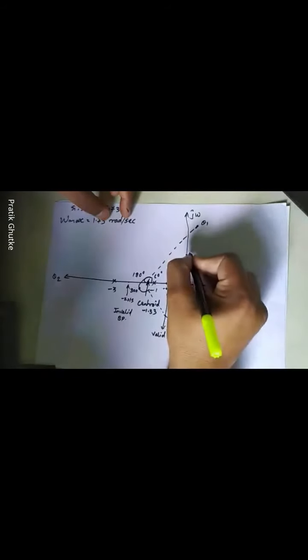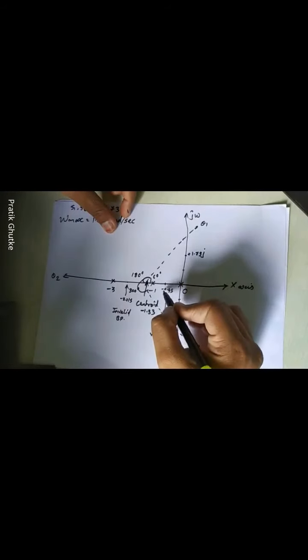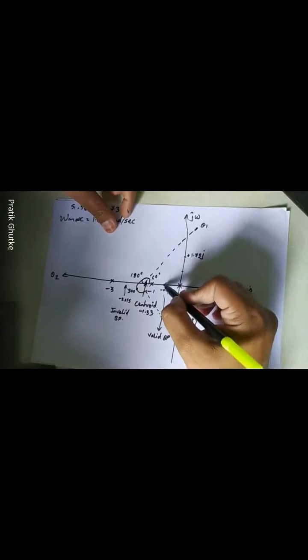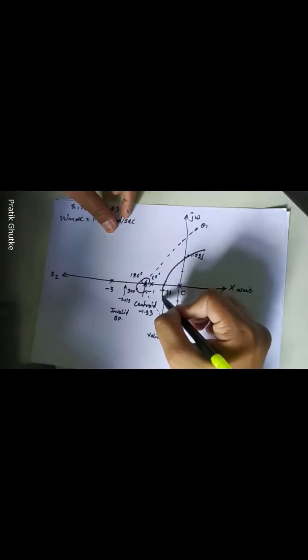On the j axis here would be 1 and here something 1.73 j, and something here minus 1 and here minus 1.73 j. So root locus will start from minus 0.45 and it will end at plus minus 1.73 j, like this.